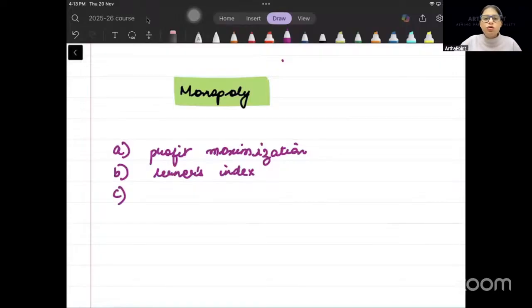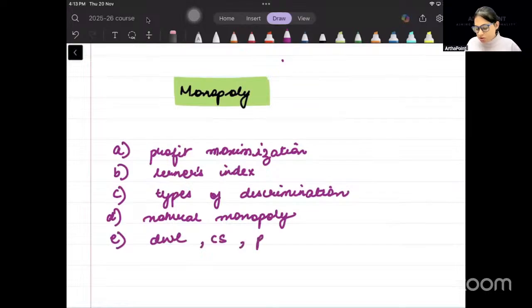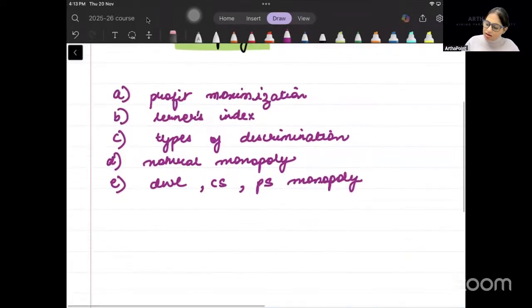Third, types of price discrimination. Fourth, one question on natural monopoly. Fifth, deadweight loss, consumer surplus, producer surplus in monopoly. These are the kind of questions which can be asked in your exam.